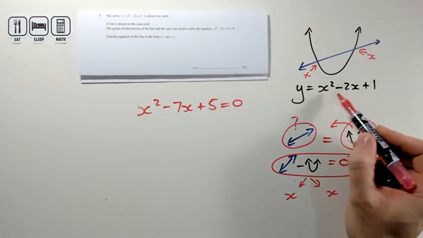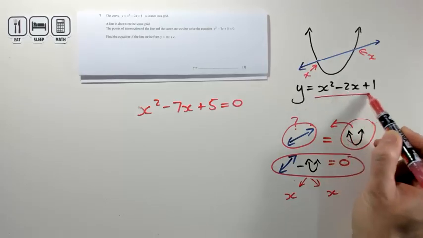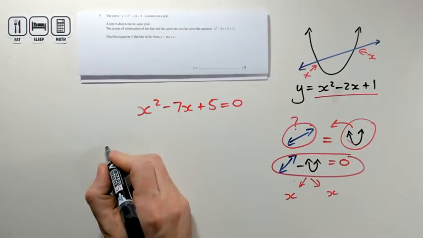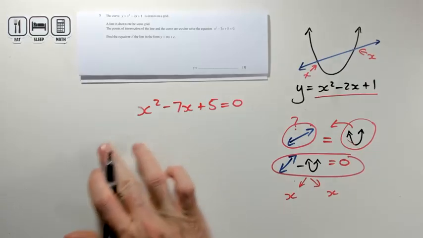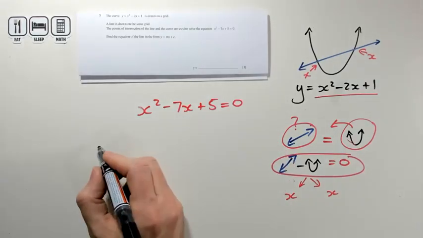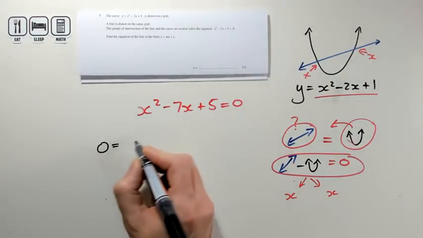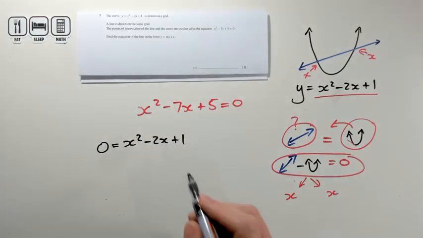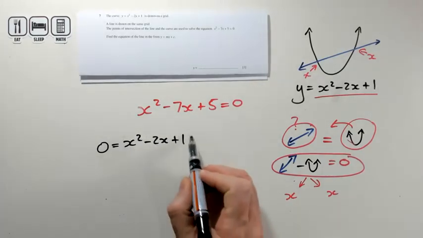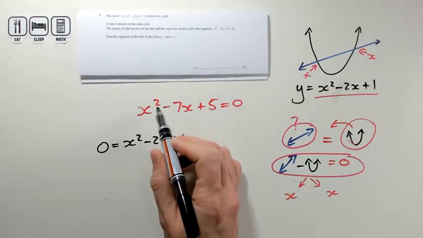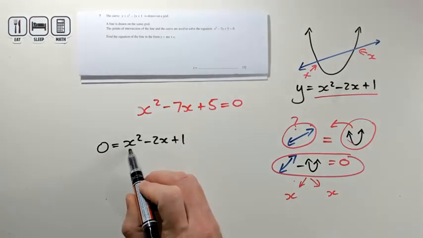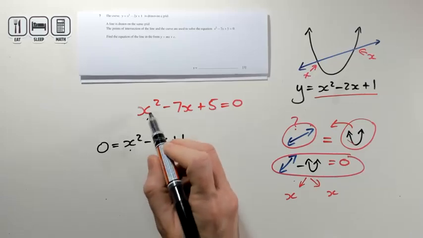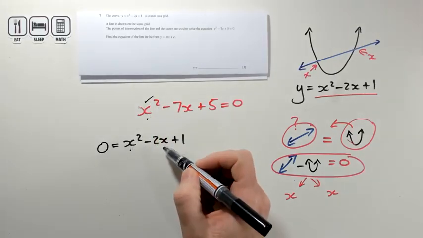So what I usually do is I'll write the parabola that I do have. I'll just put a 0 because that's what we're going to do. So I'll write 0 is x squared minus 2x plus 1. And then I'll ask myself, what do I have to add or subtract to this to get to there? So x squared I already have, and x squared is there, so I'm sorted, no problem.